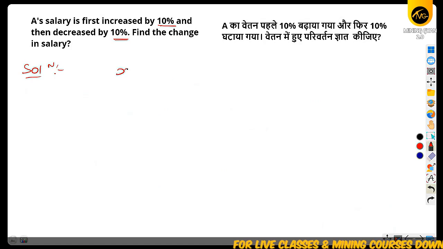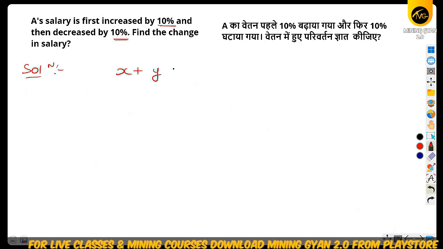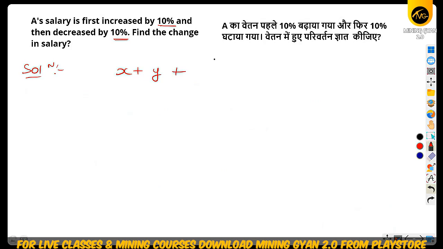So because the traditional method is a lengthy way, that's why I am basically using the shortcut method, which is x plus y plus xy divided by 100.